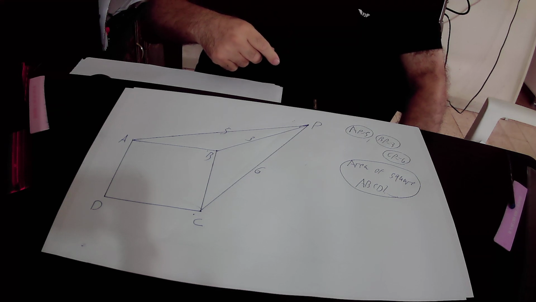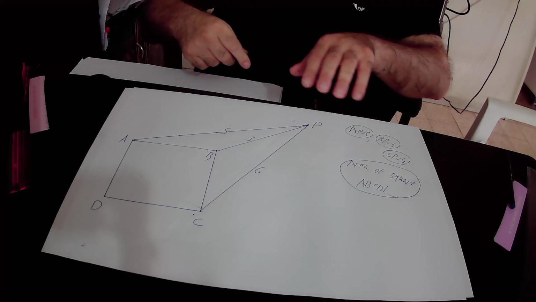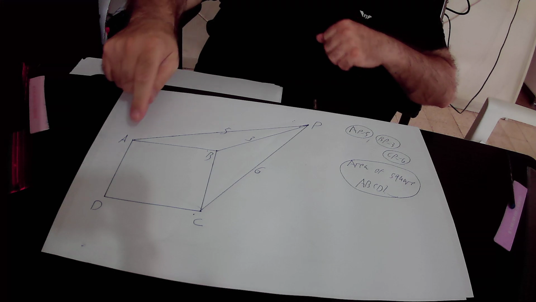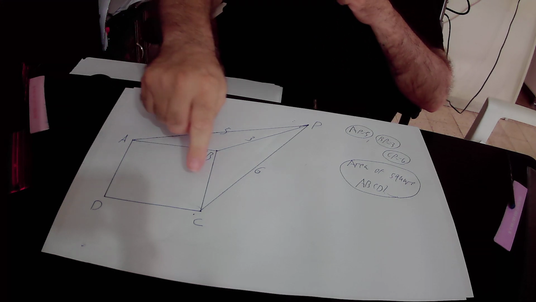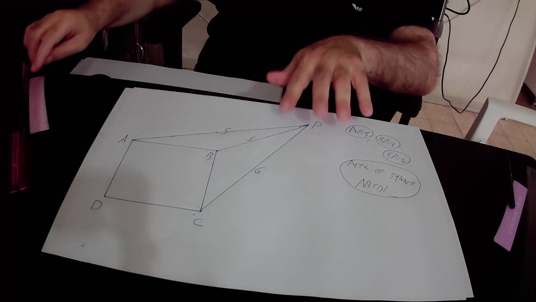So first of all, we'll do a construction. We'll extend side DC of the square by a straight line.